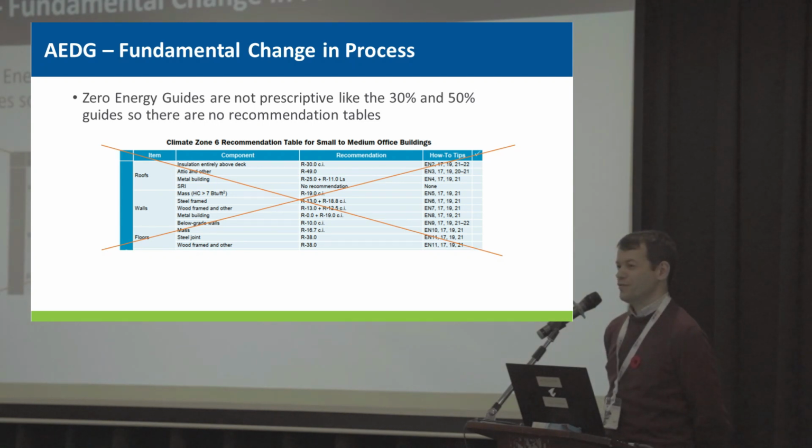With the 30 and 50% guides, there was basically just a prescriptive path. So it was a series of tables where they would say, use R40 roof, do R20 walls, do condensing boiler. They would tell you prescriptively what you could use to design your building to achieve the 30 or 50% savings.